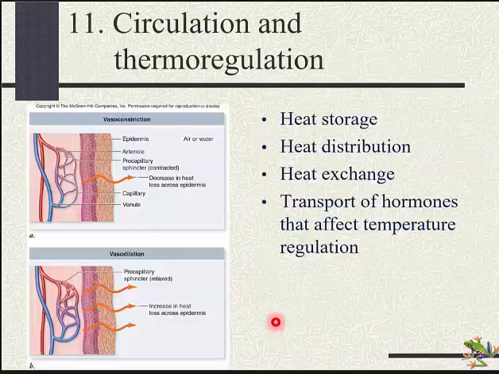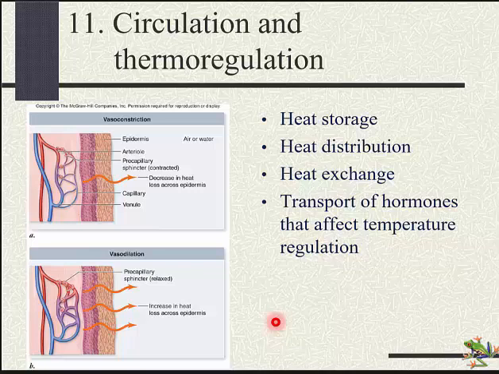We already talked about how the circulatory system is involved in thermoregulation, and you can see that on this figure. We talked in chapter 40 about vasoconstriction. When it's cold, the capillaries near the epithelial surface, the skin, are contracted.